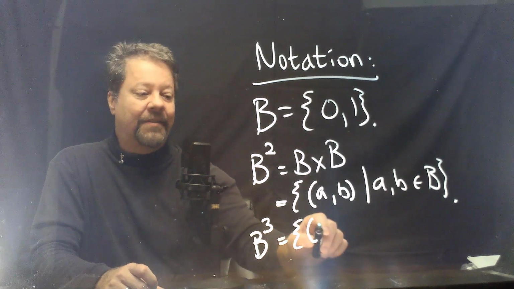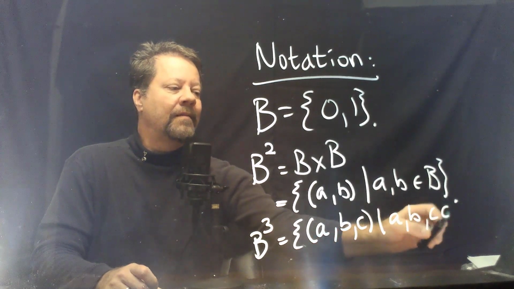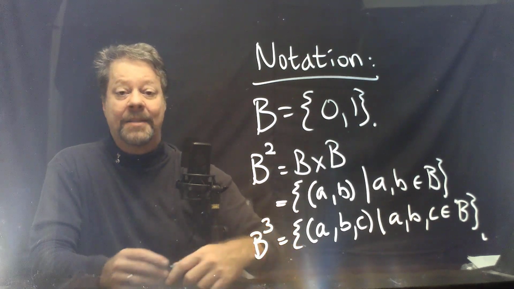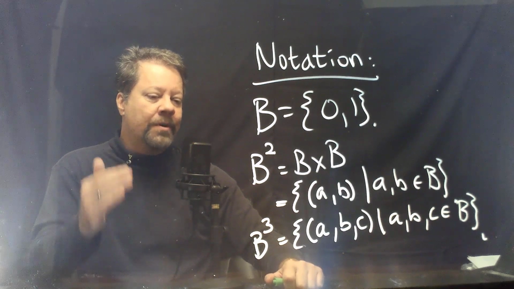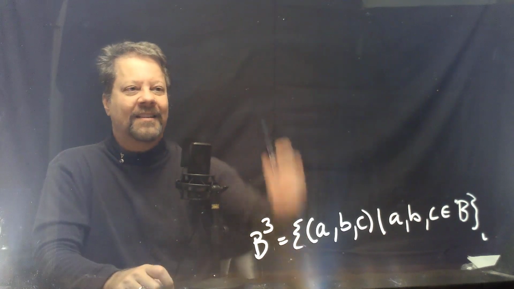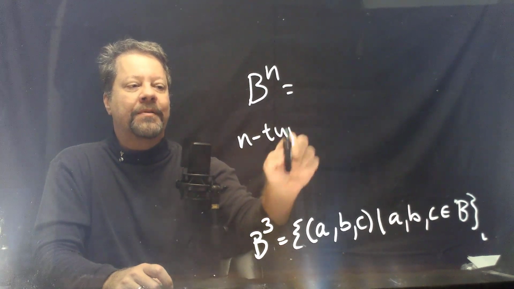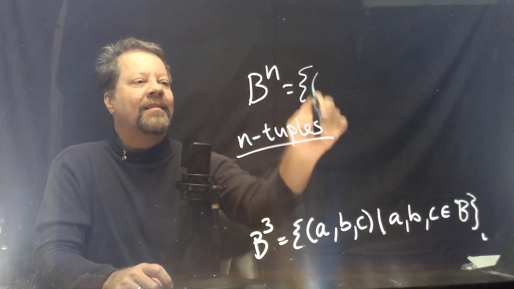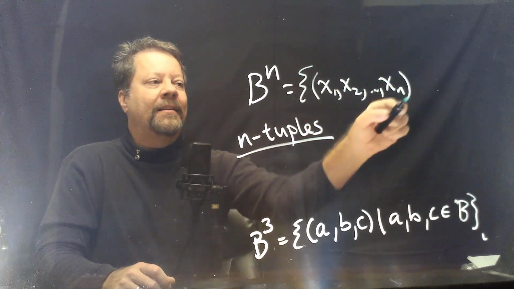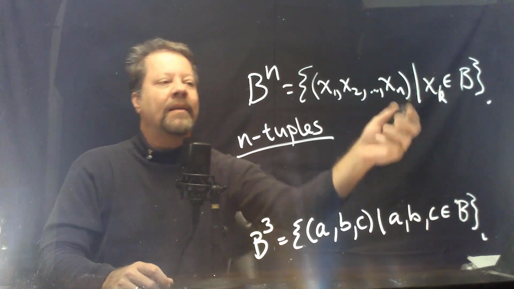Well, it's obviously the set of all ordered triples. And we can even generalize beyond this. We can go to ordered 4-tuples, or 5-tuples, or 6-tuples, and so on. More generally, B^n is the set of ordered n-tuples. Let's write this as x1, x2 through xn, such that each of these x sub k's come from the set B. k will go from 1 to n.